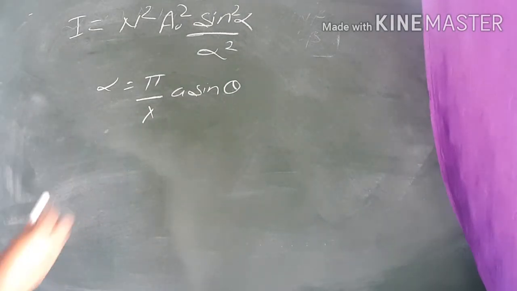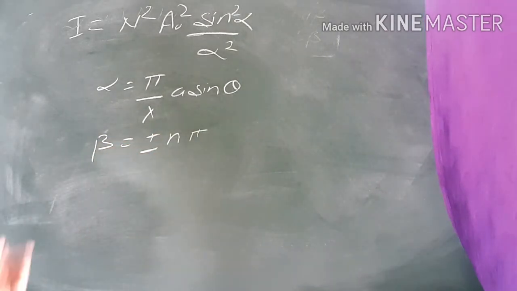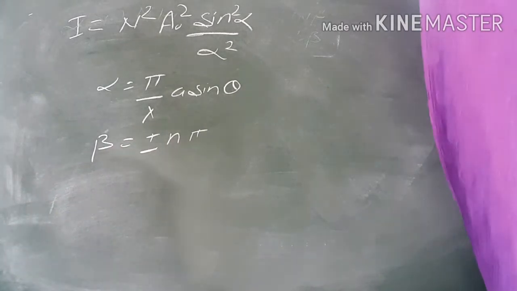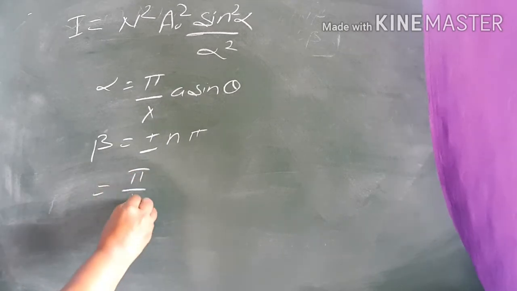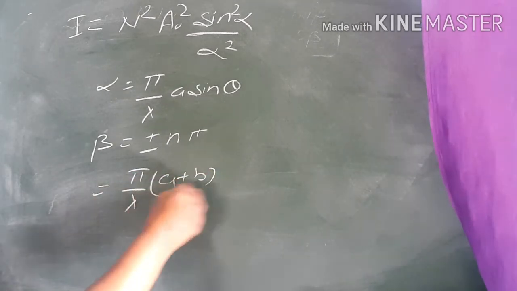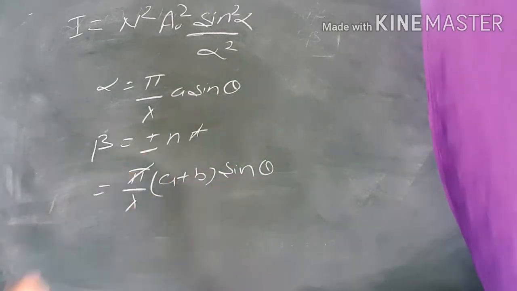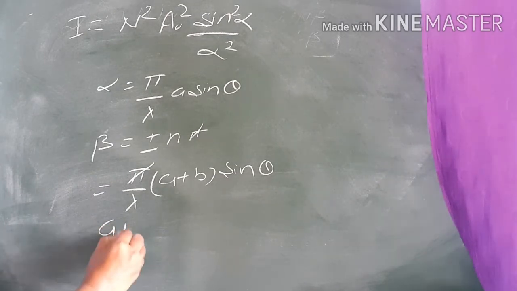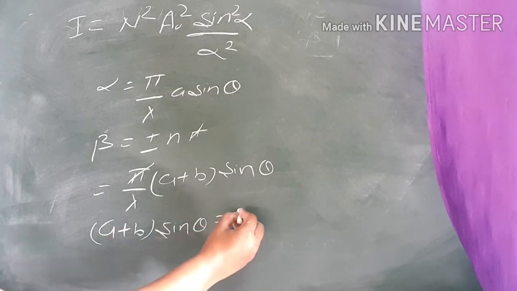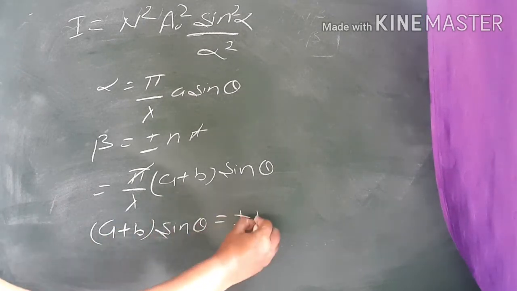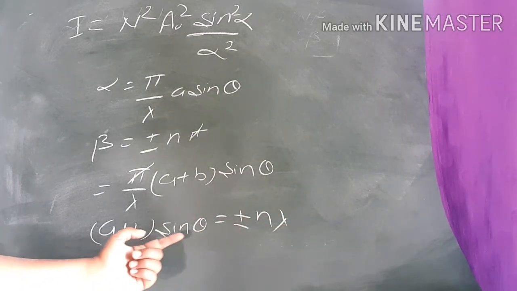And beta equal to plus minus n pi gives the value of principal maxima, or beta is equal to pi by lambda (a plus b) sine theta. Okay, pi and pi cancel out and we have (a plus b) sine theta equal to plus minus n lambda. Okay, so this is the condition for principal maxima.